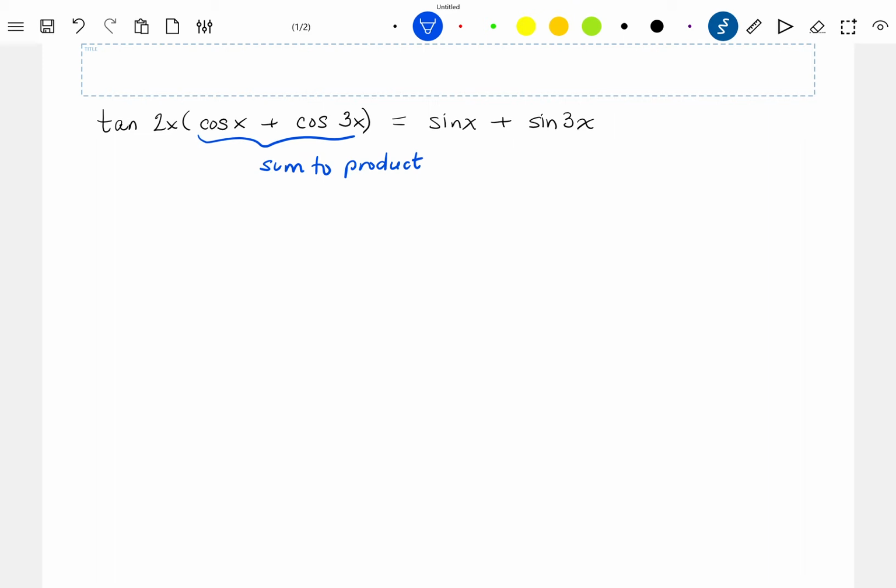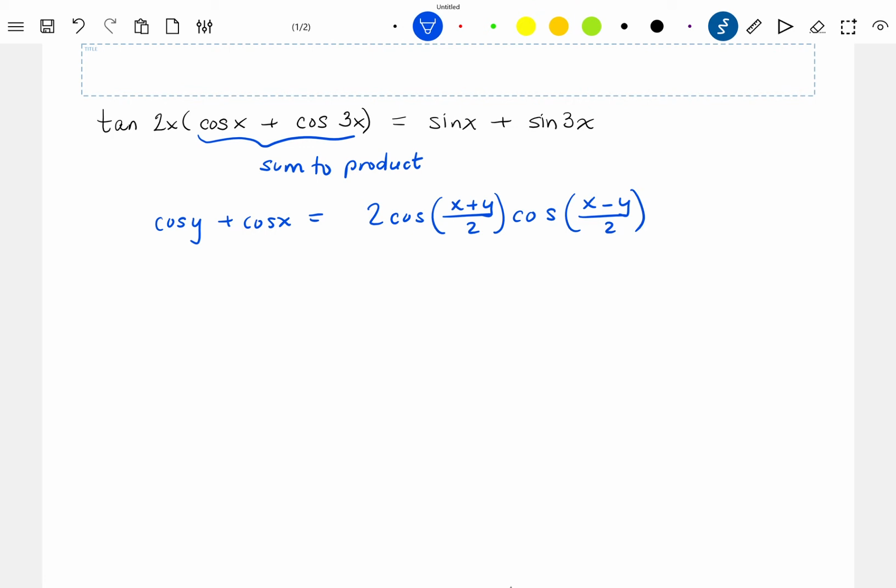So looking at this, let's just remember what the sum to product identity was for cosine, and that appears to be, so cosine of y plus cosine of x is equal to 2 cosine, basically the average between the angles, x plus y over 2, times the cosine of the difference between the angles.